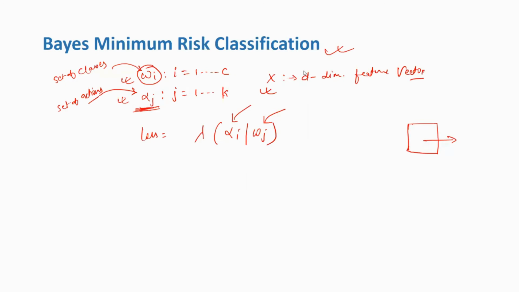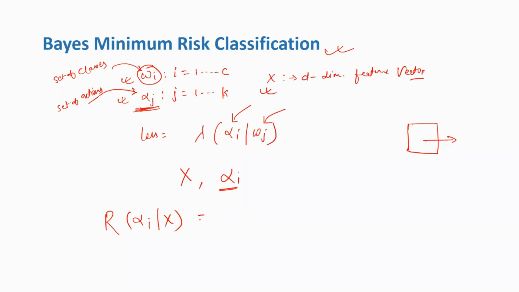So just assume some feature vector x and some action alpha i. Then the risk involved is given by R. What is the risk while taking any action alpha i given some feature vector x?